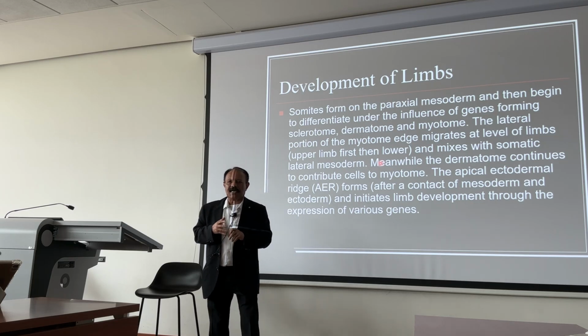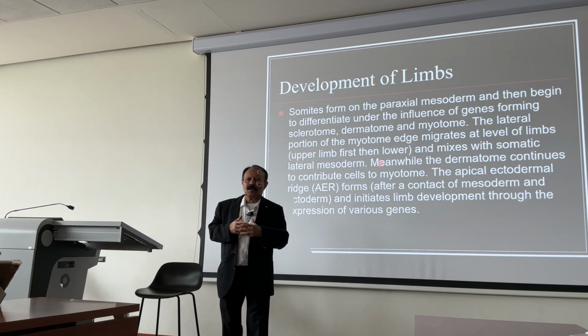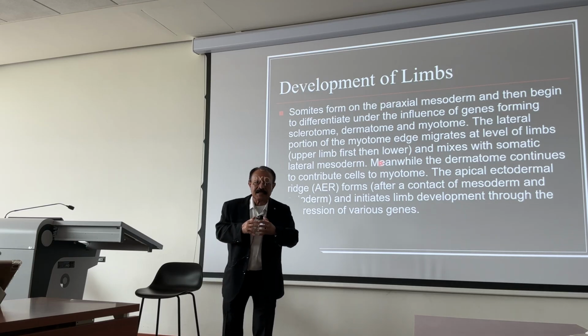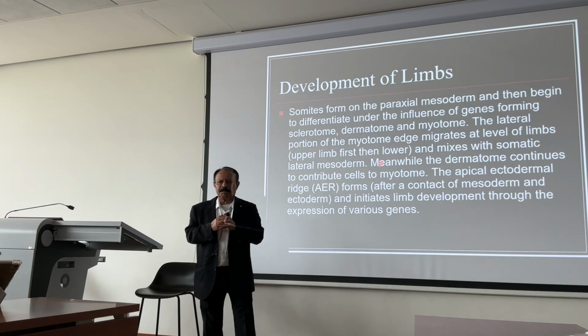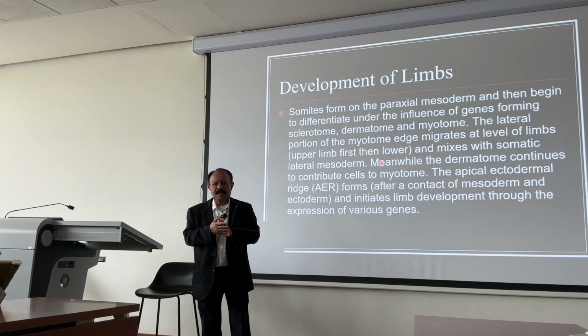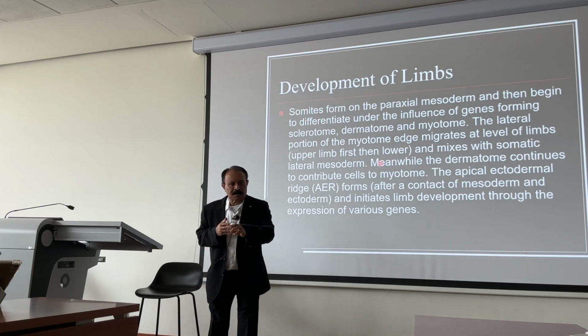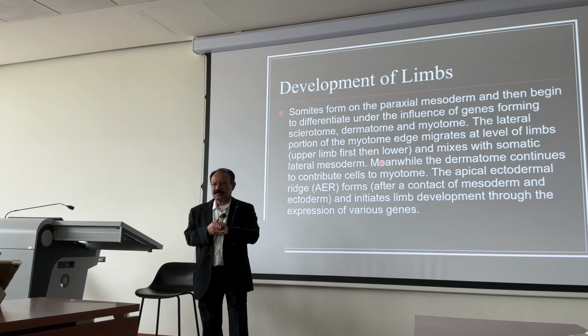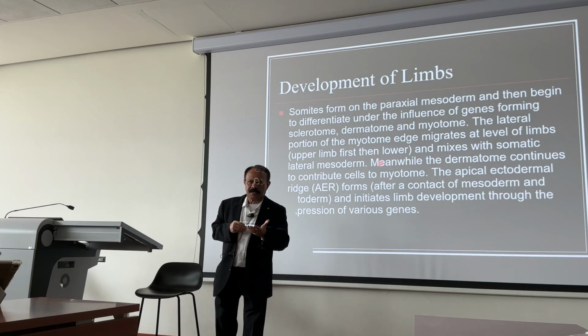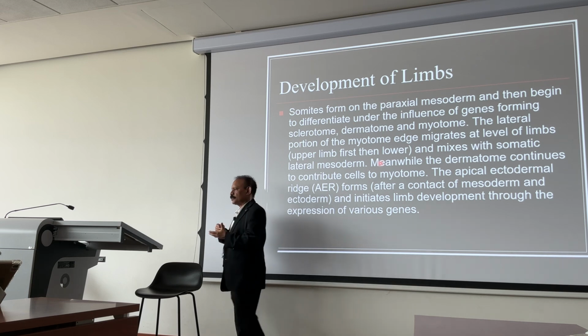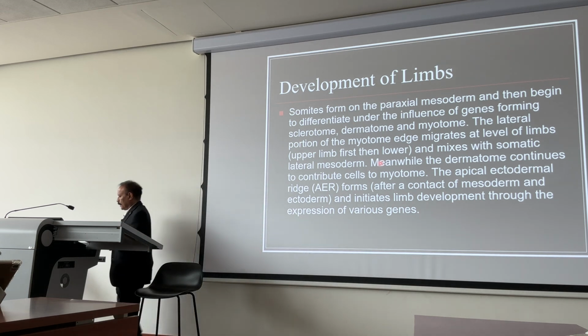And what they do is increase the length of the limb. We call it the paddle shape. Paddle shape means there should be a bone coming. This is also under the influence of gene expression. And the bone is coming from the lateral mesoderm, including the connective tissue. So that's why it is written over there.